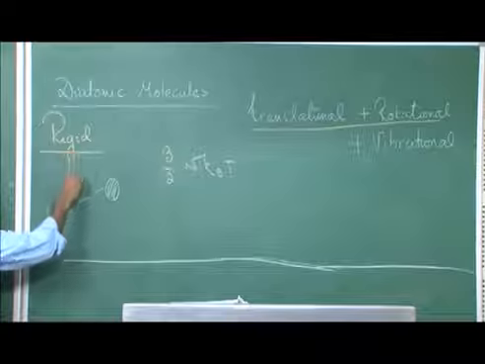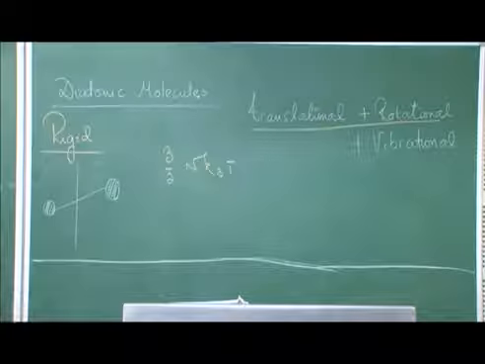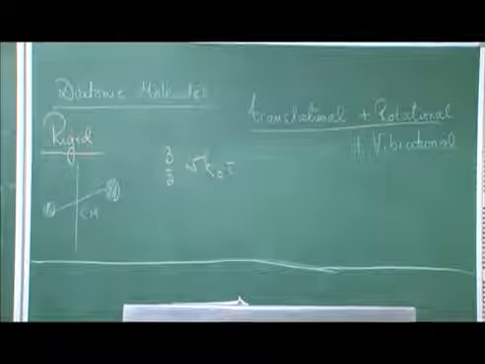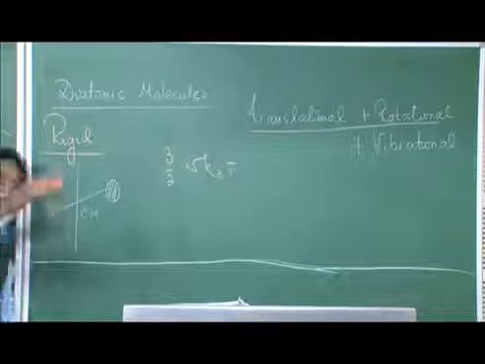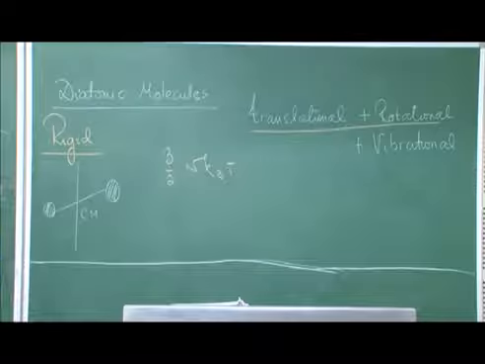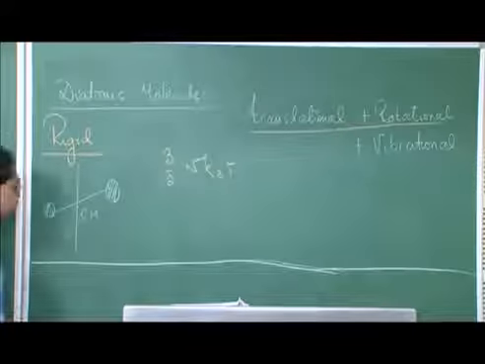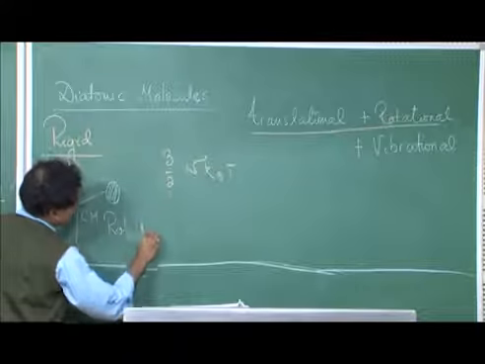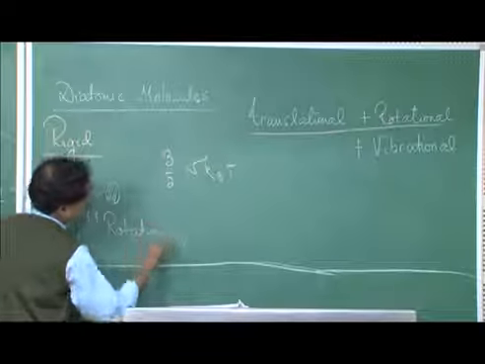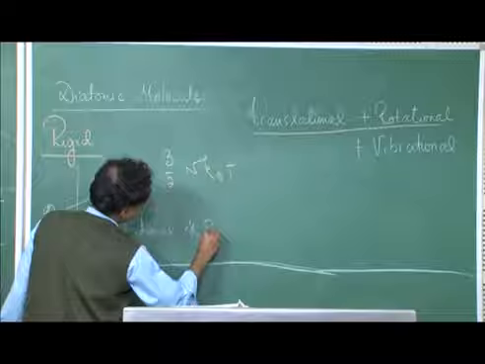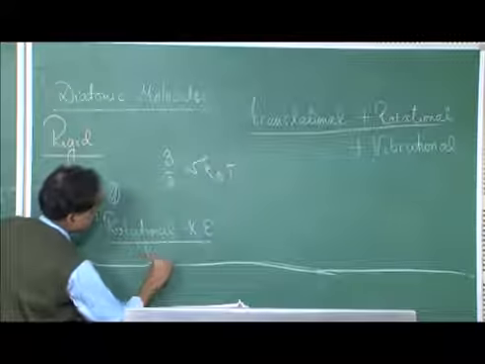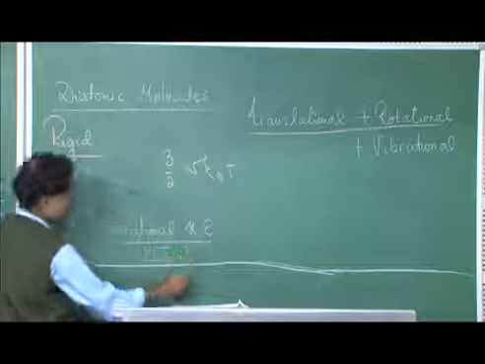One you can think of lying on the board, this is the center of mass, let us say. The other is coming out of the board or going into the board. And we know rotational kinetic energy corresponding to these two modes will be of the form half I omega square.